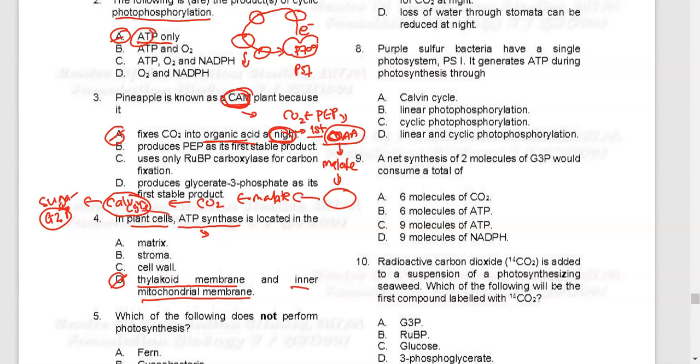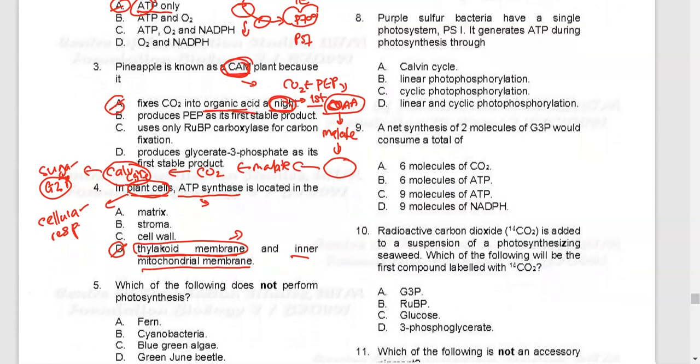You have to take note also that plant cells also carry out cellular respiration to produce their own ATP, so ATP synthase will also be located in the inner mitochondrial membrane, apart from the thylakoid membrane, where the plant cells carry out photosynthesis.